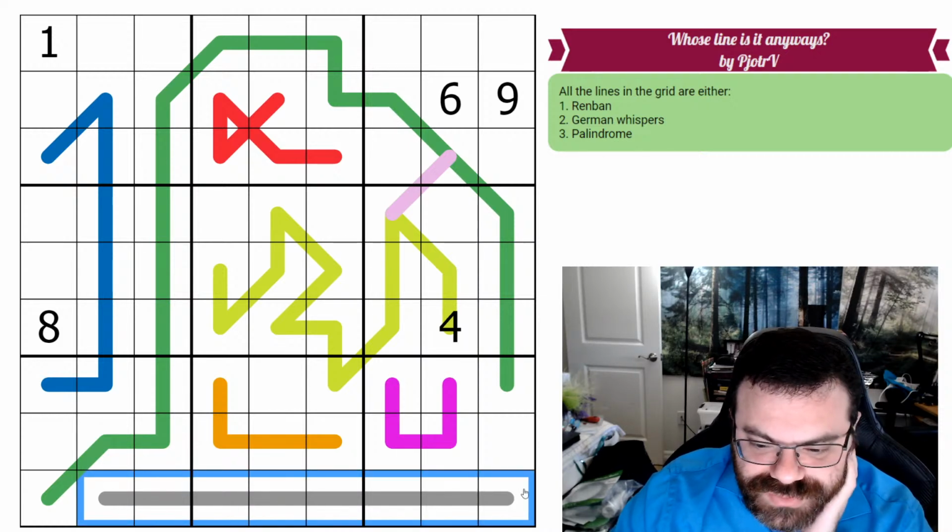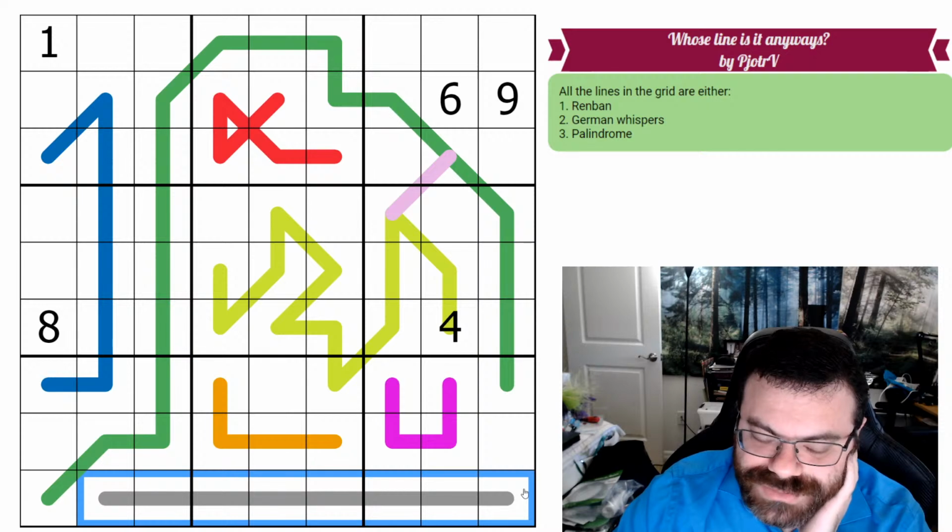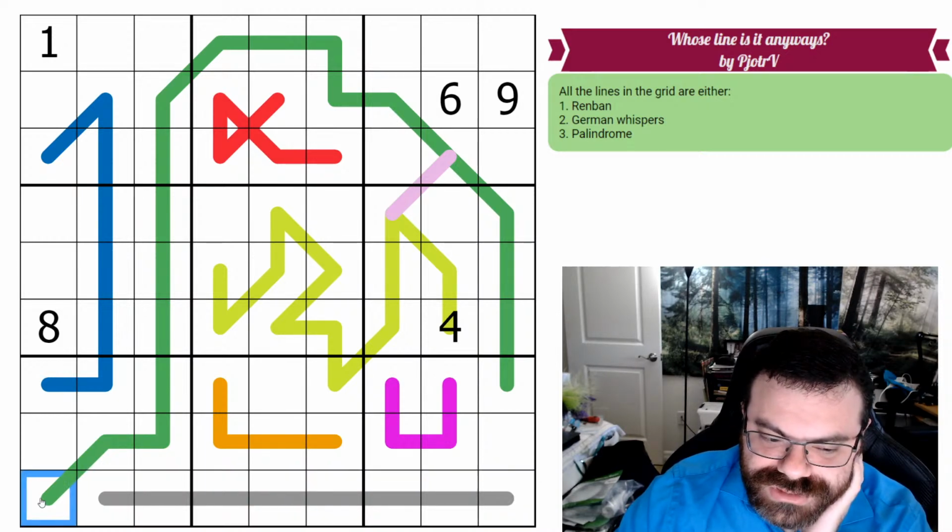Okay, well, let's look at this one, actually. I don't think it can be whispers either, right? Because... oh, maybe it can be. Can you have a whispers that's 8 long? Everything sees itself? If this was whispers, it would put a 5 here.